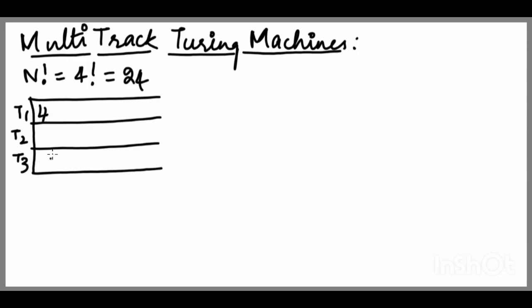The second step would be placing the result in T3 with an initial result 1, and T2 consists of the same number n, and the pointer head points in this track. Let's read all the values and move forward to the right direction.